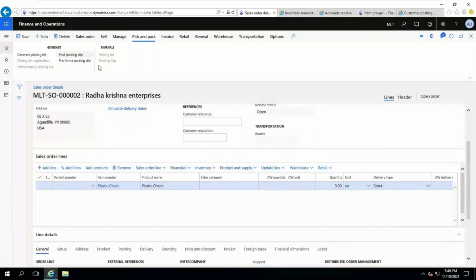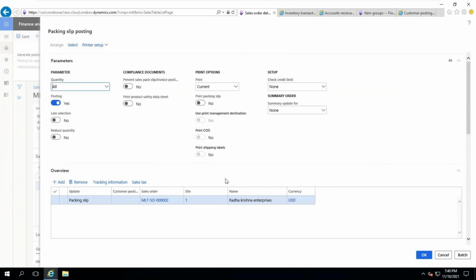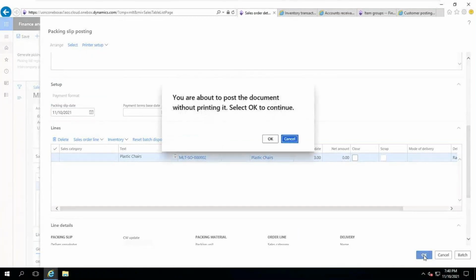Now I am proceeding. It is giving information to select a picked quantity instead of all, but I want all only. It is proposing select picked quantity. Okay, no problem. Click OK. Try to read every error message, and let me know whether you are able to understand or not.